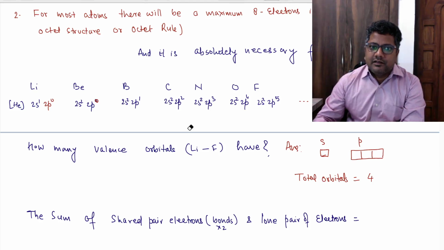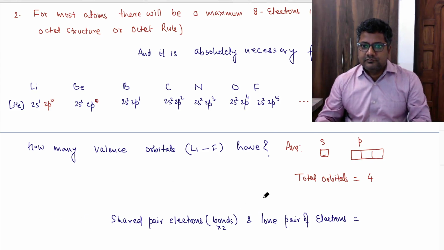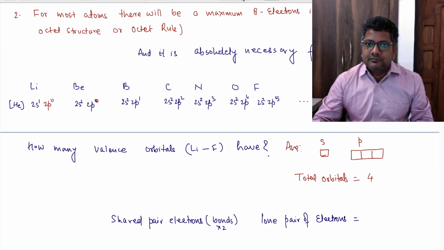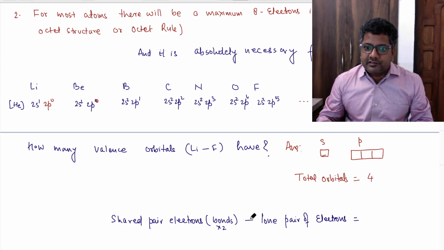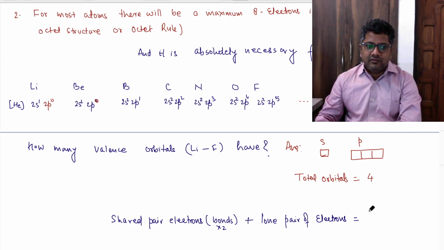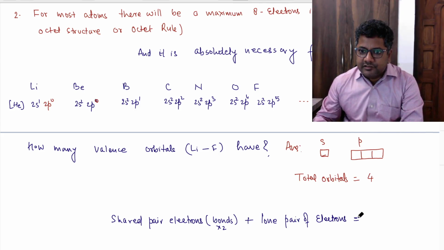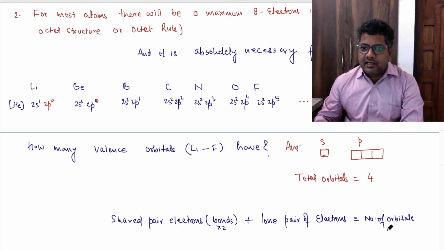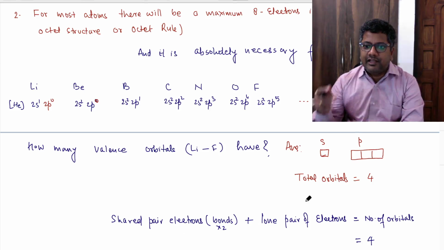In mathematical form, shared pair electrons plus lone pair of electrons is equal to the number of orbitals, and this is equal to 4, right? Number of orbitals 4. So 4 orbitals can have a total of 8 electrons.